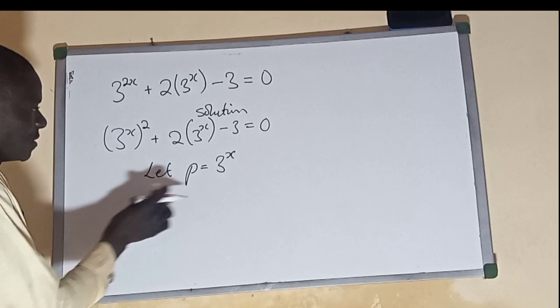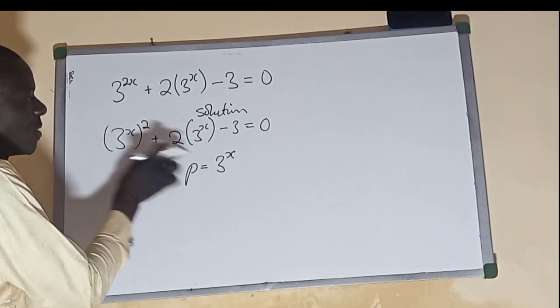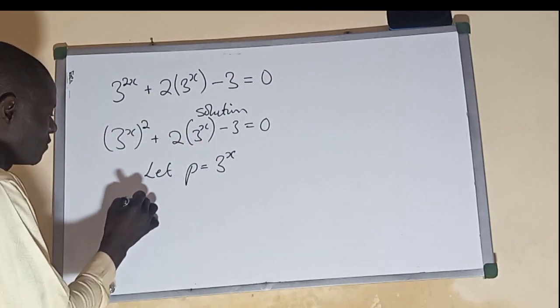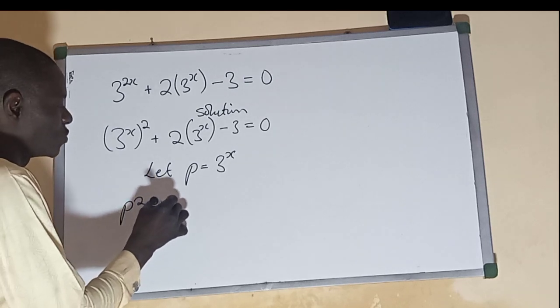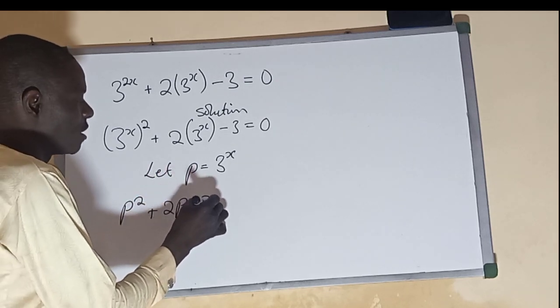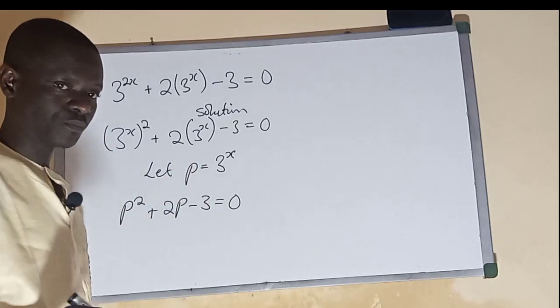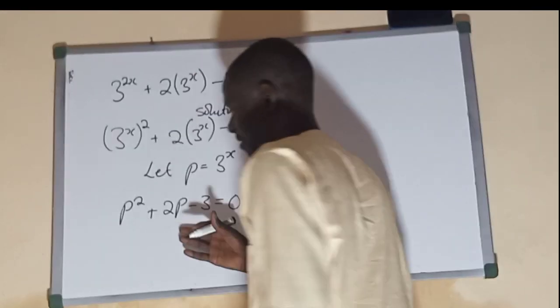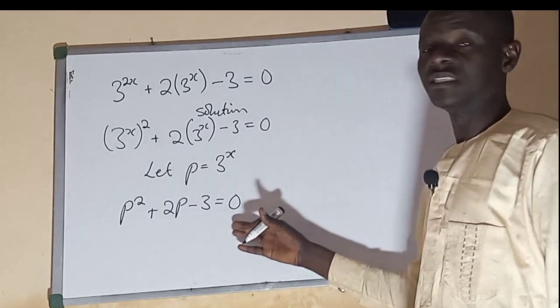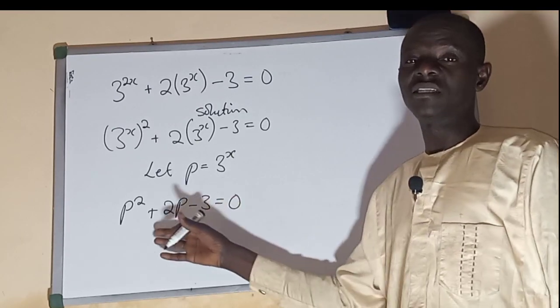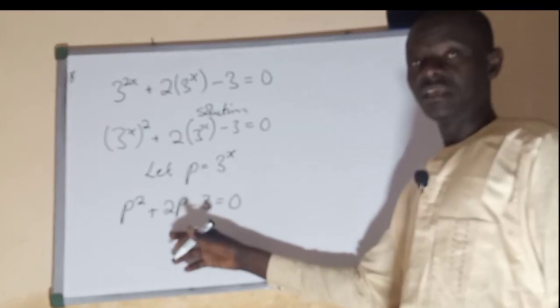Now we have phi squared plus 2 phi minus 3 equals 0.